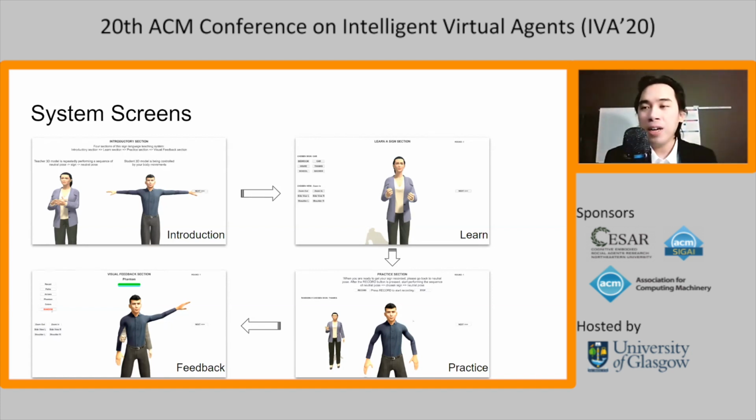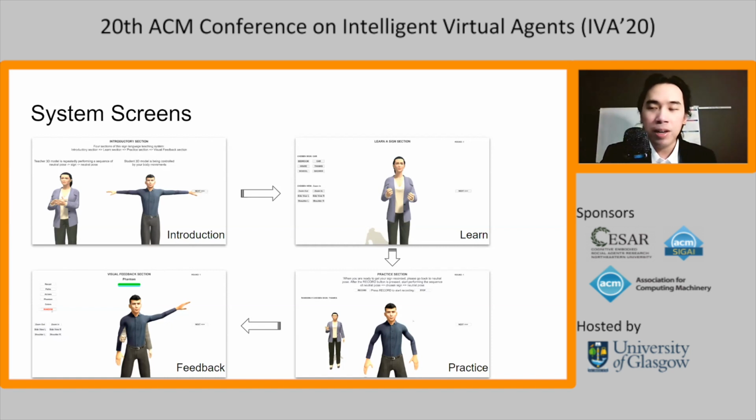When they are confident with their practice, they can press record to record their performance. After that, the system will compare their recorded performance with the pre-recorded performance from the expert and provide different forms of visual feedback in the final screen, the feedback screen.